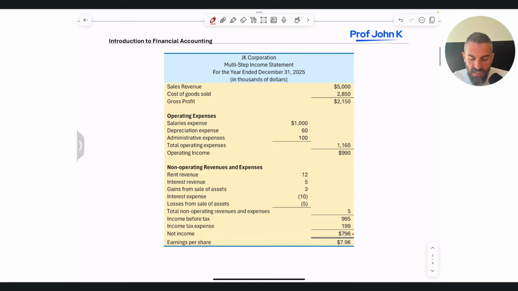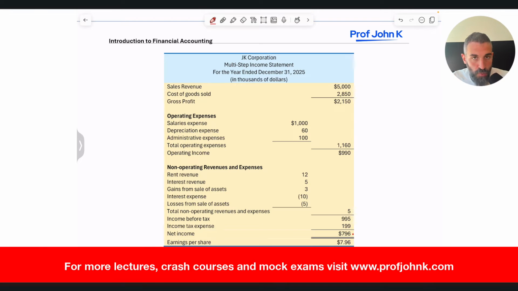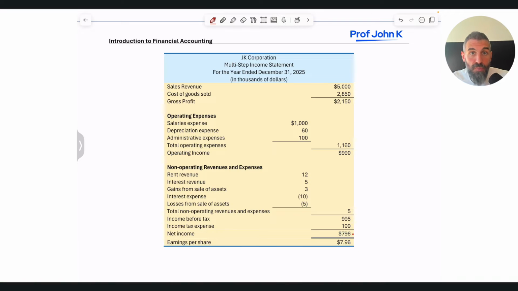Okay, this is the exact same company, just to show you, right? Our profit is the same, but you see this is a little bit more complex because we go into greater detail. So in a multi-step income statement, we separate our activities by whether they're operating or non-operating. So operating activities would be things that have to do with your actual core business.